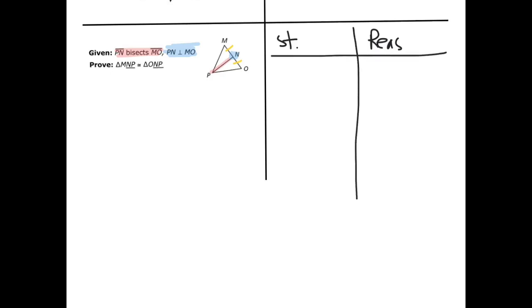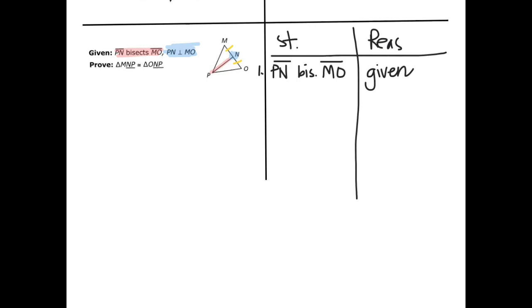And on the left, the first thing I'm going to do is start with that given, which is that segment PN bisects segment MO. And that is a given, so that's my reason.